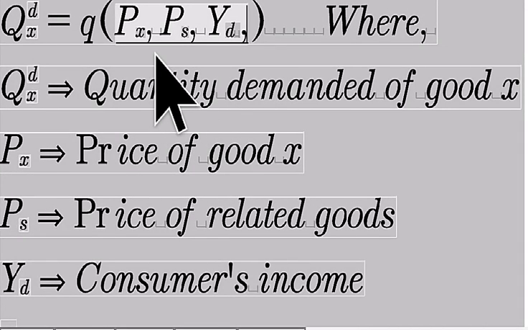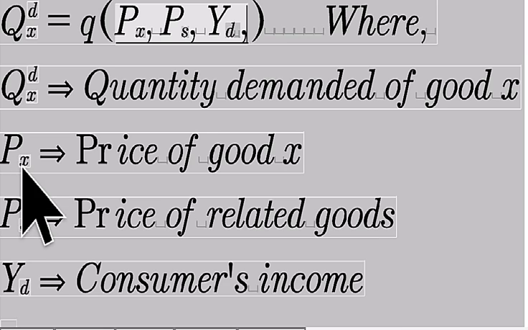Now, we see the mathematical presentation or illustration of demand function. Here we have Q^d_x = Q(P_x, P_s, Y_d), where Q^d_x implies quantity demanded of good x.